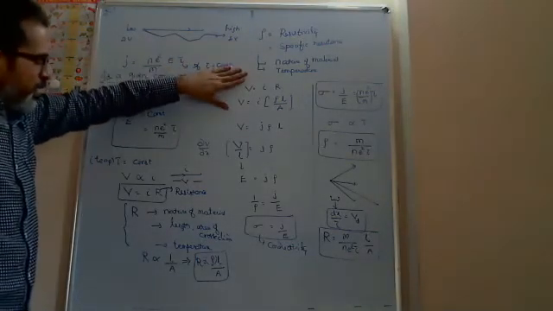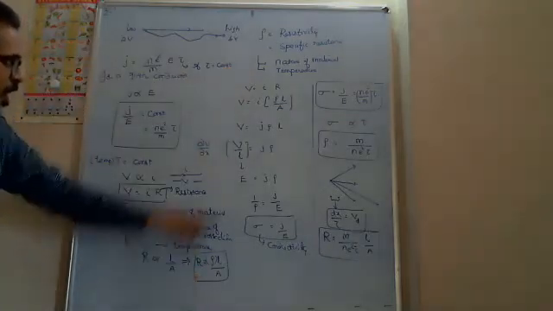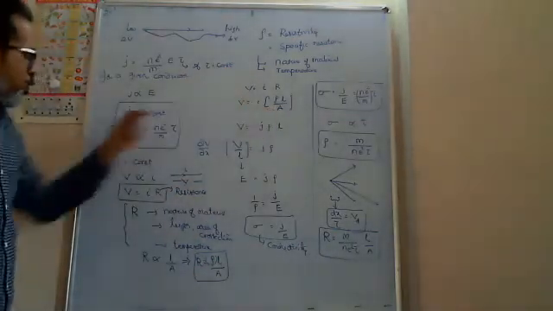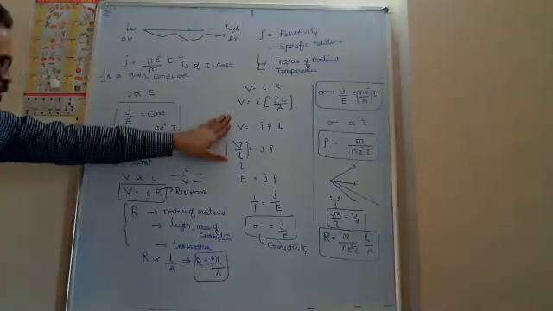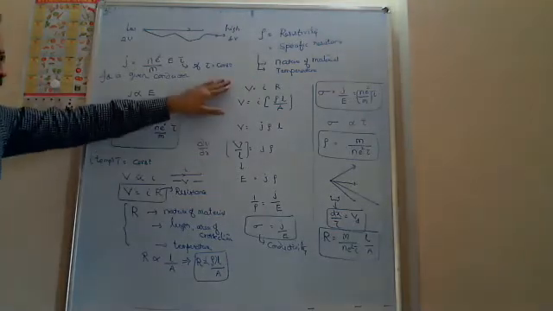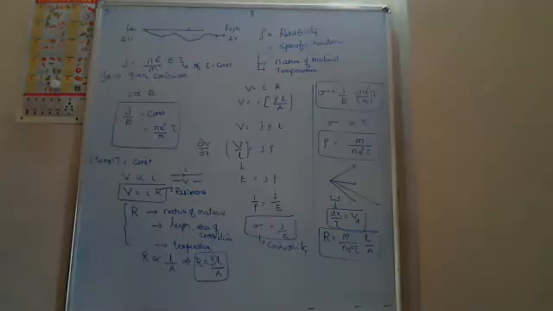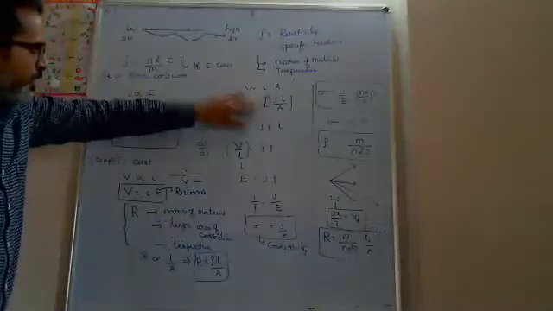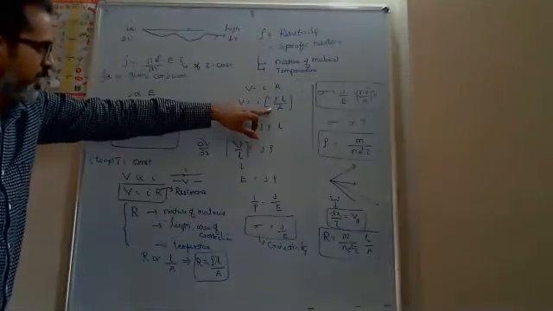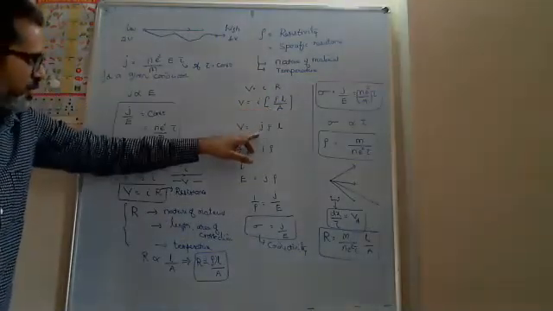And then here we are writing from Ohm's law, substituting the R value to get J by E. V is equal to I into R, I substituted here. And then I wrote I by A is equal to J here.